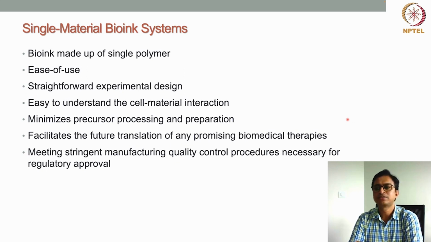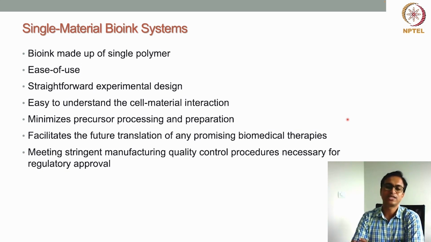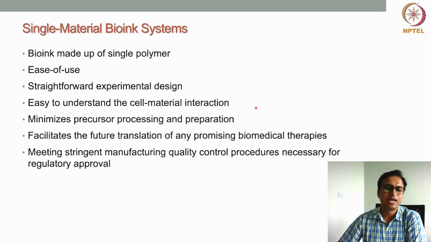The other thing is, when we are working with a single material system, it is very easy to understand the cell material interaction. That means when cells are incorporated within the bioink, how the cells respond to the material, how the cellular proliferation, cellular migration, differentiation and so on are affected.